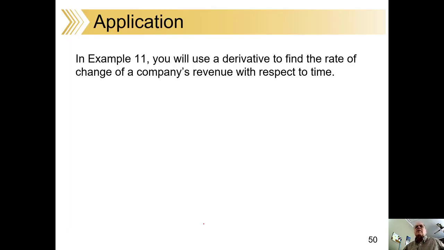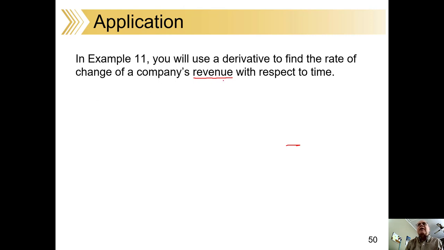And of course, it's always good to wrap this up with a little bit of an application, since we're talking business calculus. You want to find the rate of change of a company's revenue with respect to time. So remember, revenue is the money coming into your company.